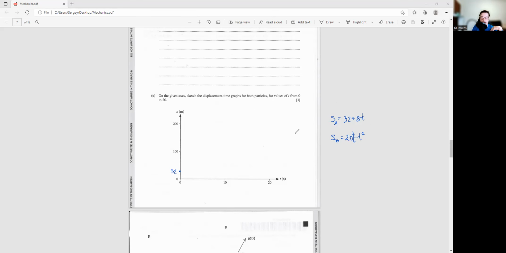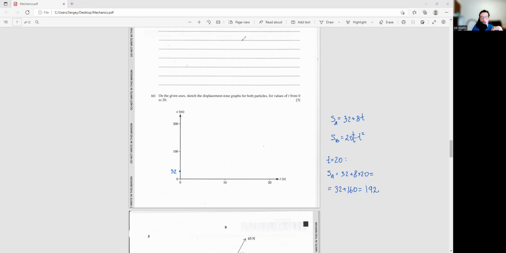And let's calculate the displacement when t equals 20. It's 32 plus 8 times 20, which is going to be 32 plus 160, 192, almost 200.